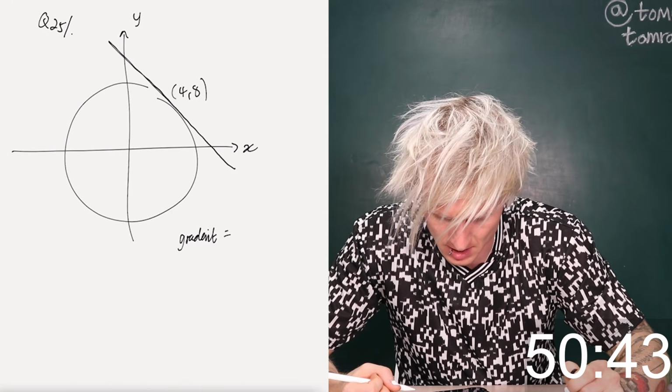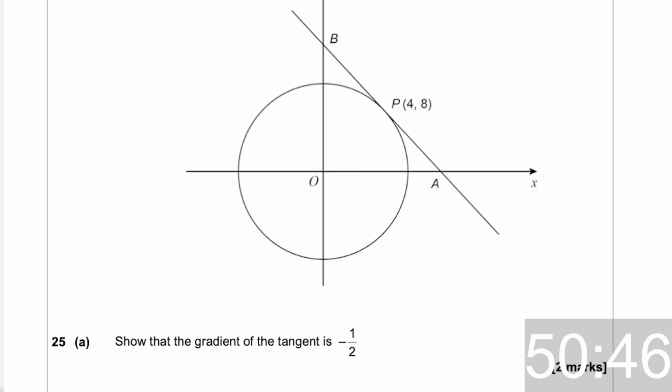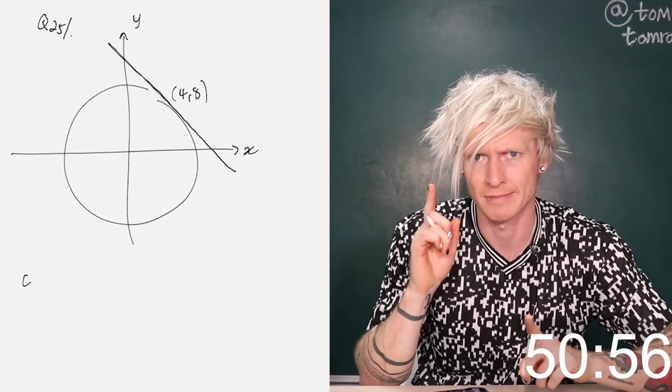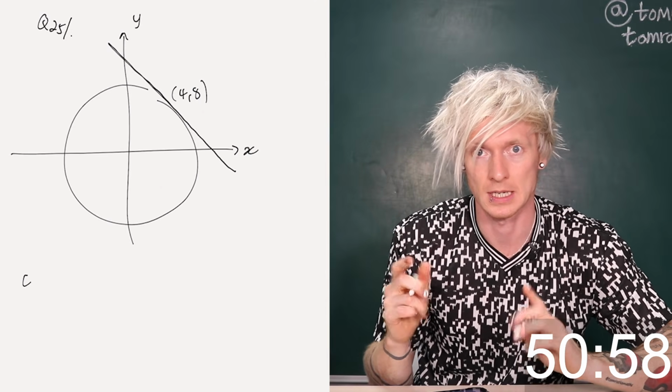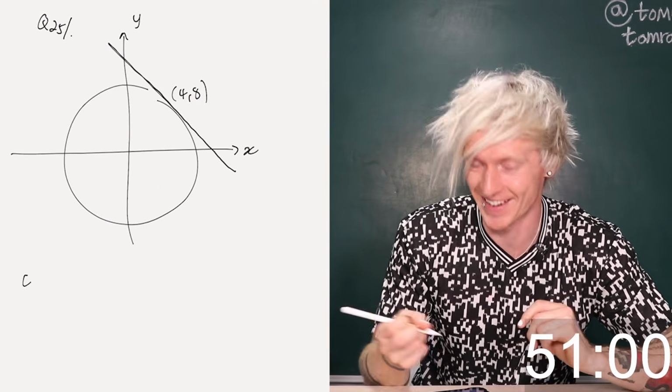Think about this. So what have I got to show? So the gradient of the tangent is minus a half. Right, what do I know? I know the circle. Let's do the circle equation, I think. I assume this is GCSE. That's how I'm going to do it.